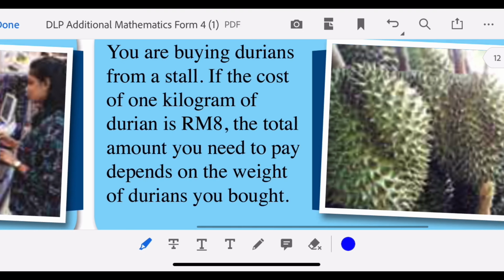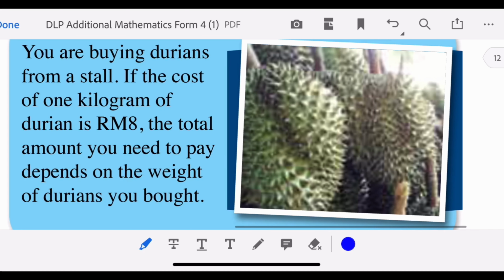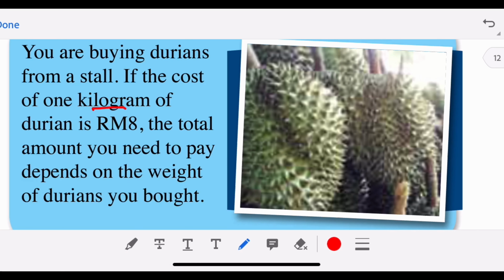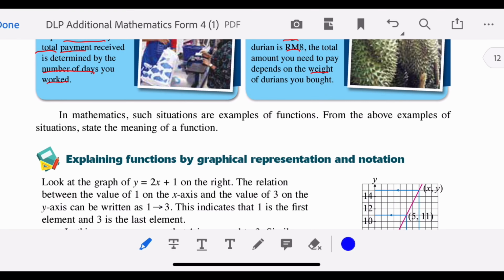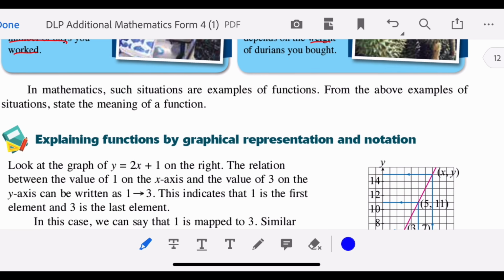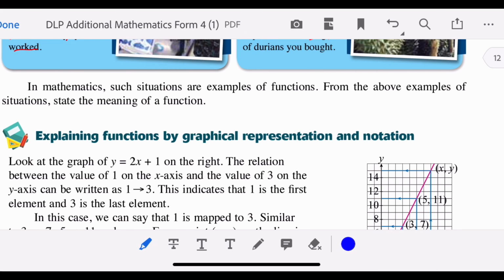You are buying durians from a store. If the cost of 1 kilogram of durian is 8 ringgit, the total amount you need to pay depends on the weight of the durian. Okay, so all these are actually functions. In mathematics, such situations are examples of functions.